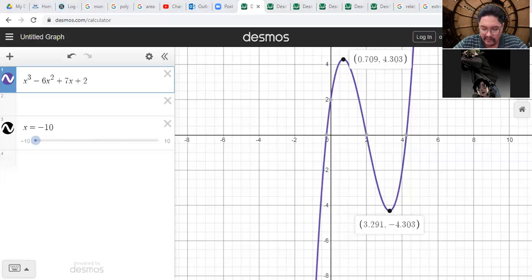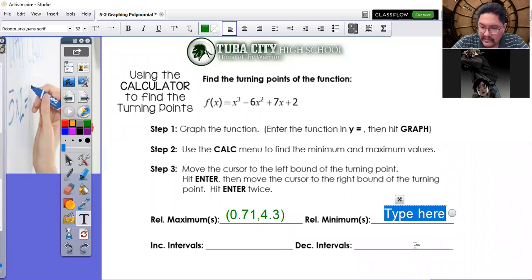And you can go ahead and go back to your worksheet and punch them in, which I am going to do right now. And for me, I'm going to go ahead and round it down to 2 decimal places, because on some of these, I will run out of space.